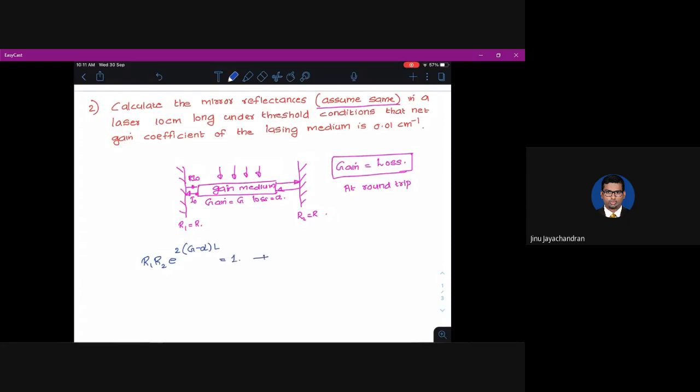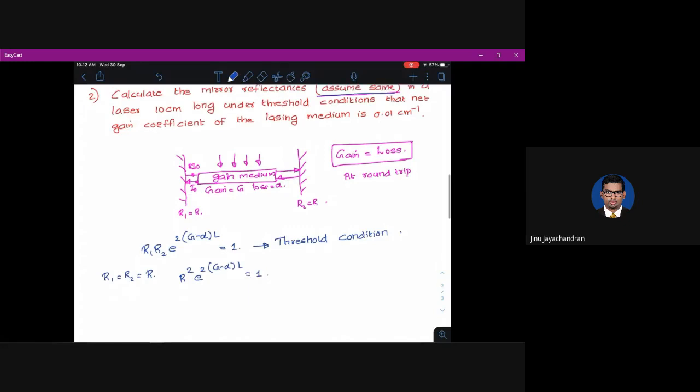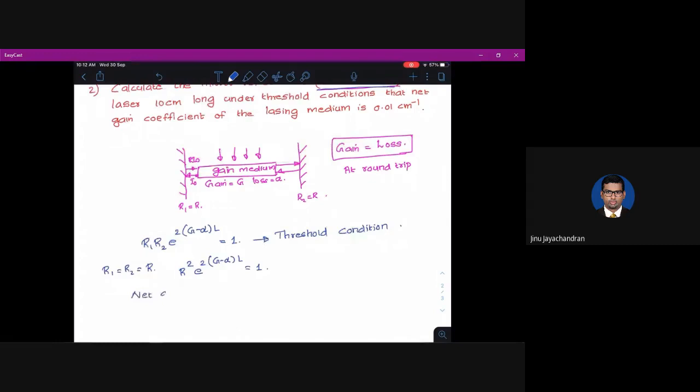This is the threshold condition. Now we also know that R1 is equal to R2, let's say it is R, because we are assuming the same reflectance. So I can write this as R square e raised to 2 into G minus alpha into L is equal to 1.